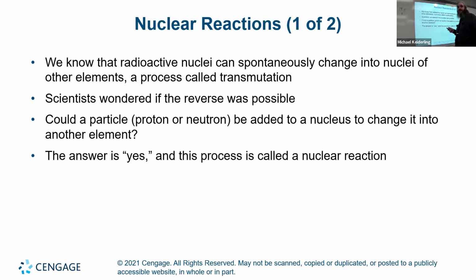But yeah. So we know radioactive nuclei can spontaneously change into the nuclei of other elements. This is a process called transmutation. And scientists wondered if we could do the opposite. So we know that elements can decay down into smaller elements, but could we add stuff to elements to make things go up? And the answer to this is yes. And this process is called a nuclear reaction.